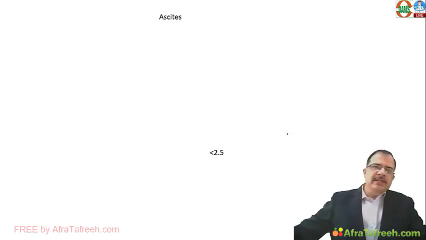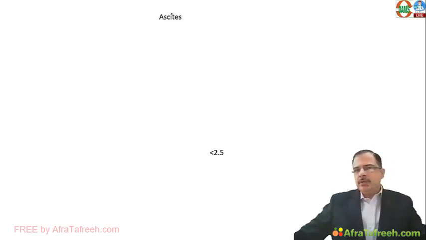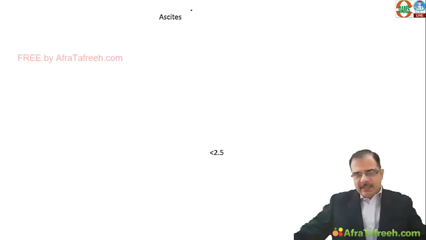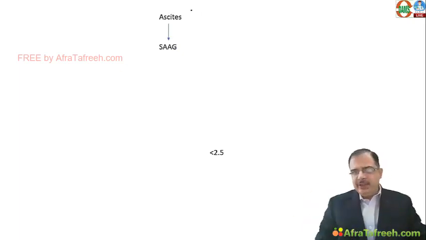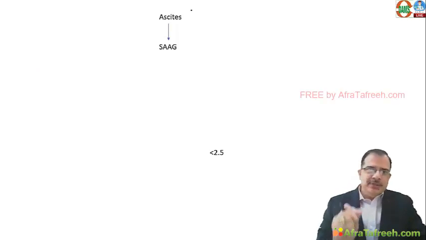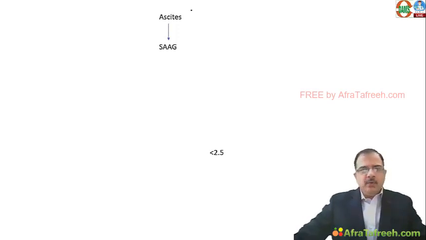Now moving on to the complications of liver disease. Ascites is one question always asked in your exam. How to approach a case of ascites? The first step is always to calculate the SAAG score, the serum ascitic albumin gradient. This is the most important parameter.